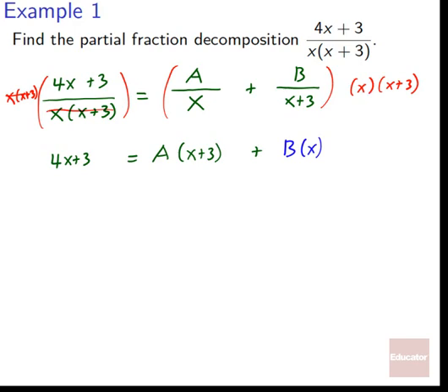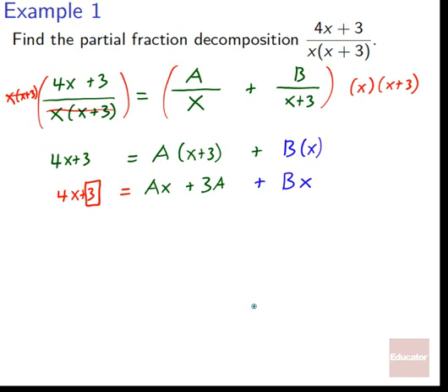So at this point, 4x plus 3 on the left equals ax plus 3a plus bx. Now notice, we see here that we've got a 3 constant. What constants do we have on the right side?